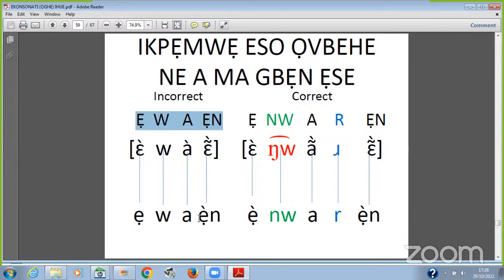But the way it is written currently by many people that bear that name is wrong, because you have the E, as I explained earlier, that E is written with the letter E subdot N. And then the W is an oral consonant, which is written with the letter W, as you have it there.